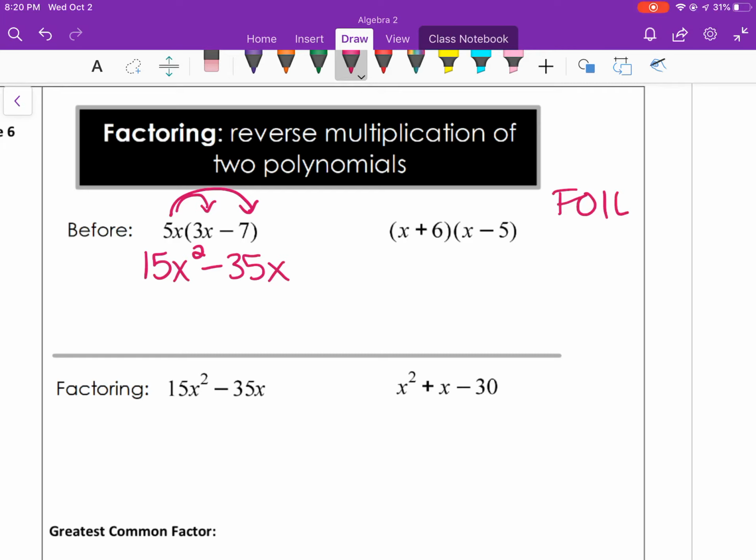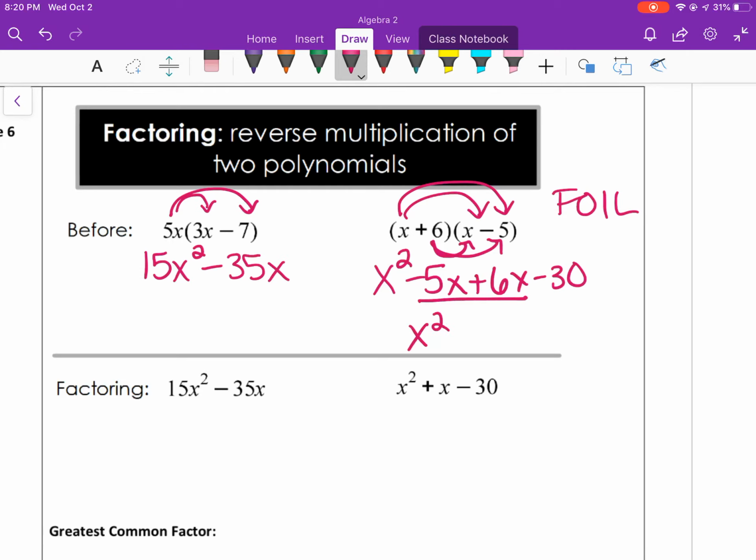Foiling, if you have two terms, so x times x first is x squared. Outside, x times negative 5 is negative 5x. Inside, 6 times x is 6x. And last, 6 times negative 5 is negative 30. Combine your like terms here, x squared, it'll just be a 1x minus 30.